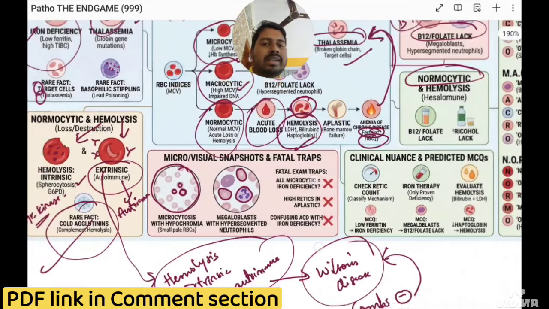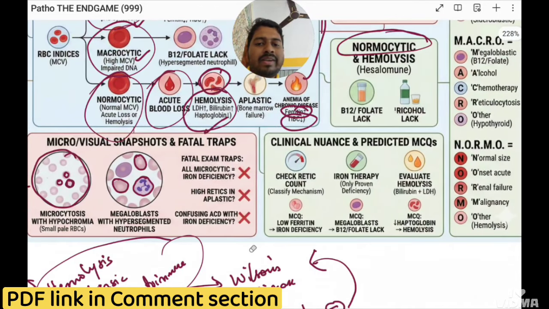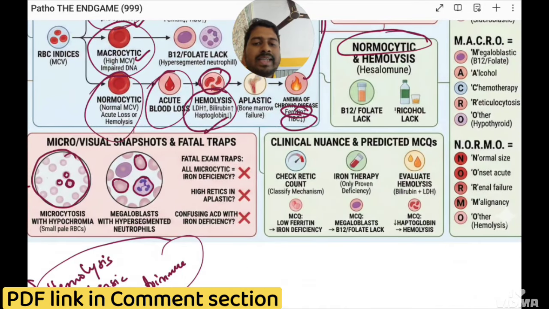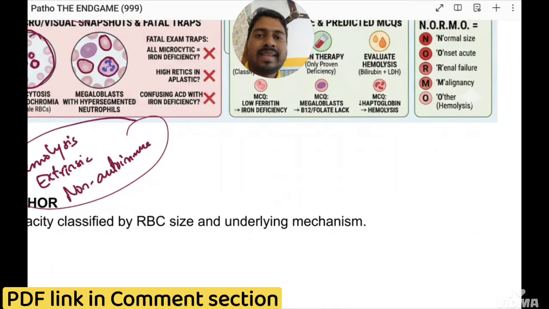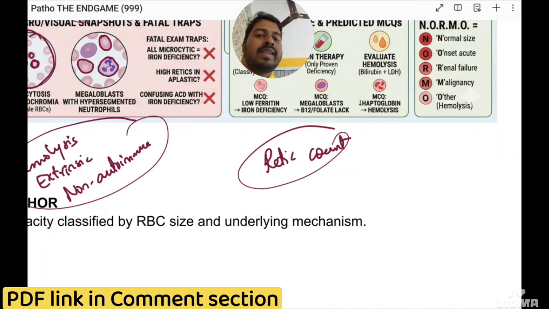This is megaloblastic. Now, whenever you get any question on anemia, what is the first thing you will check? Is it MCV, or the cell size, or the hemoglobin content? No, the first thing you check is the reticulocyte count, represented by the reticulocyte production index.